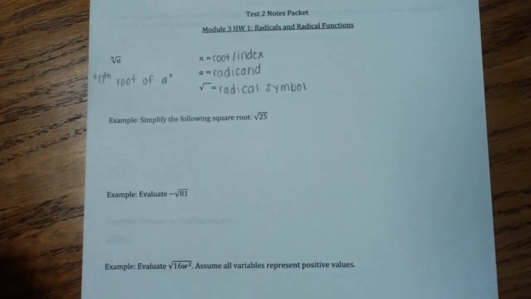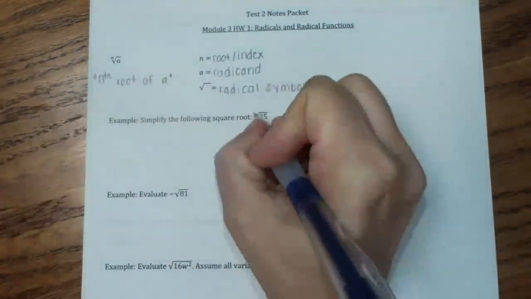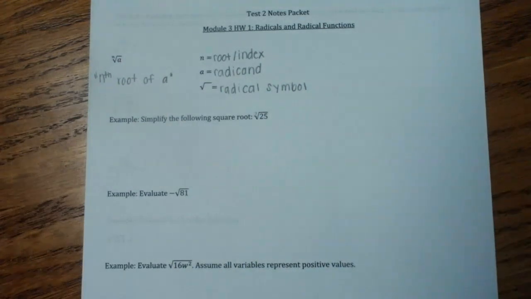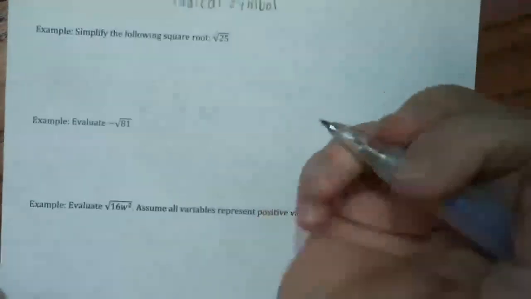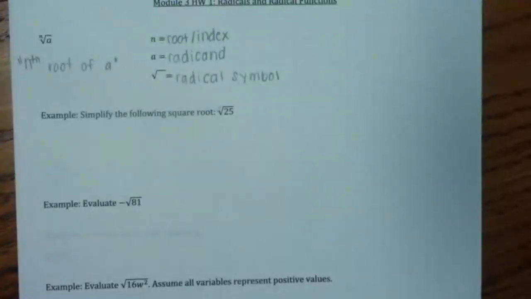Notice there's not a root here. There's not an index. Whenever there's no index, it's understood that it's a square root, meaning that our index is going to be 2. So let me write that down.